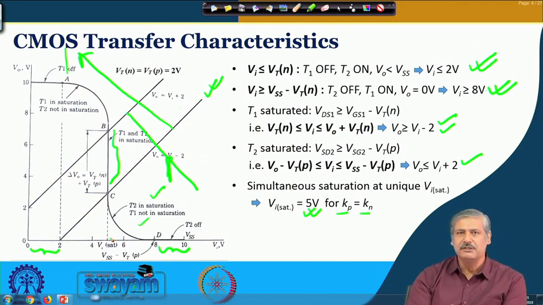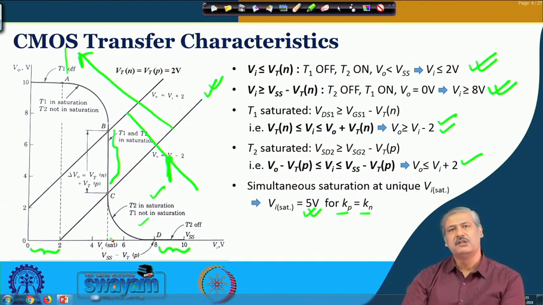In actual practice, it will be a little bit tapered, it will not be an abrupt jump like this. So this is how the CMOS transfer characteristics work.